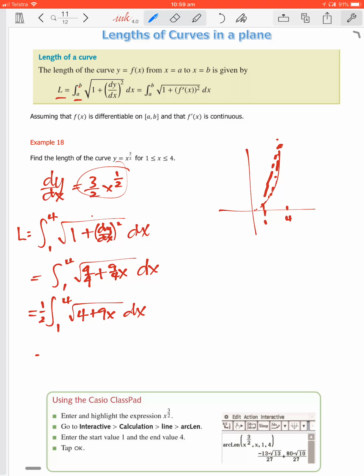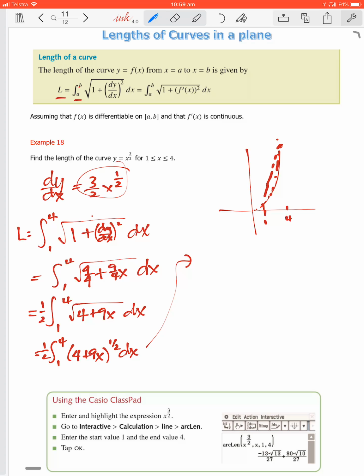We've got a rule. From 1 to 4, a half, 4 plus 9x to the power of a half dx.